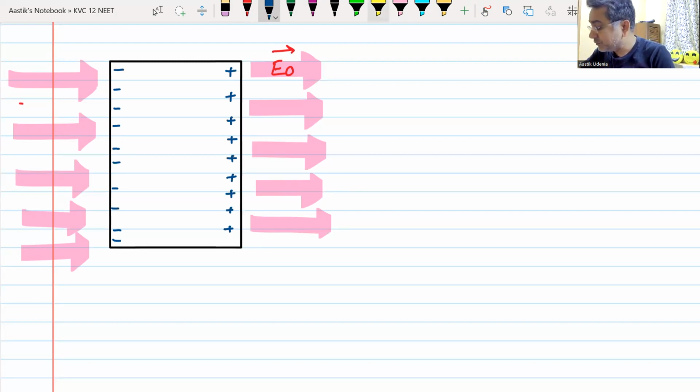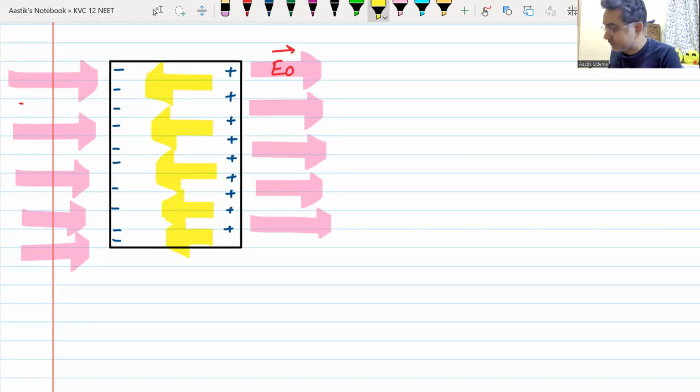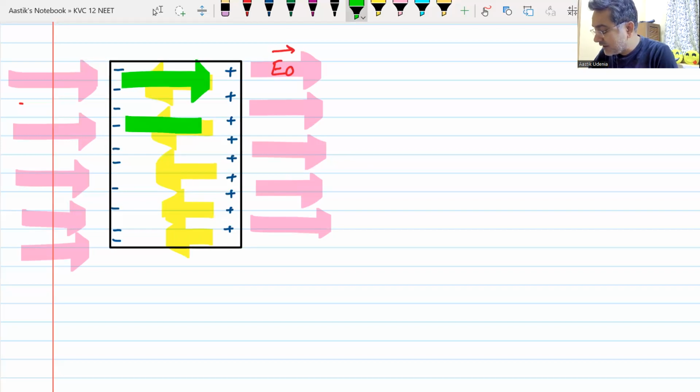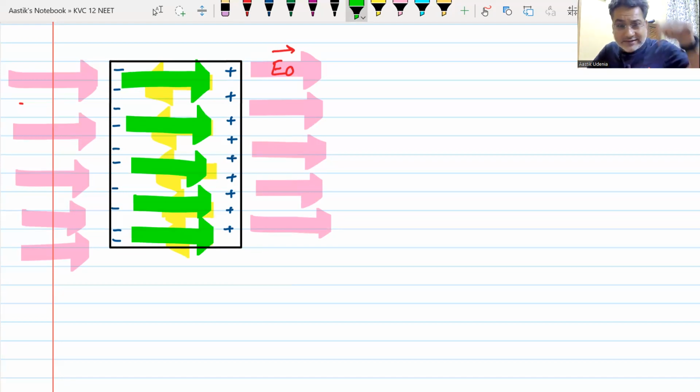Because of this positive and negative charge, the dielectric starts to have its own electric field inside, which is given by the yellow arrow, going in the reverse direction. These two electric fields overlap, and the net electric field in the dielectric goes in the green direction. This green field is the net electric field inside the dielectric.